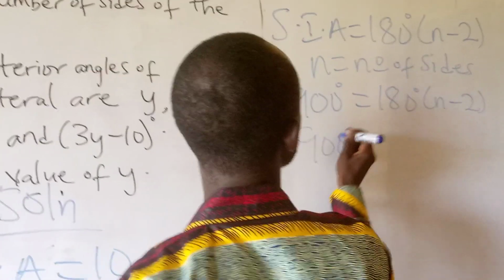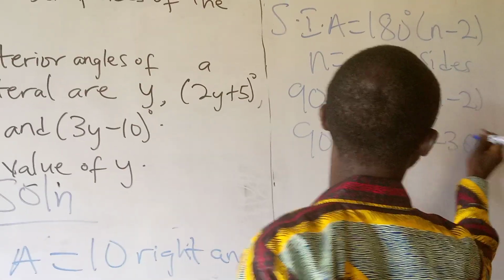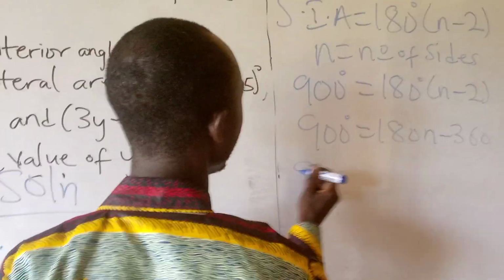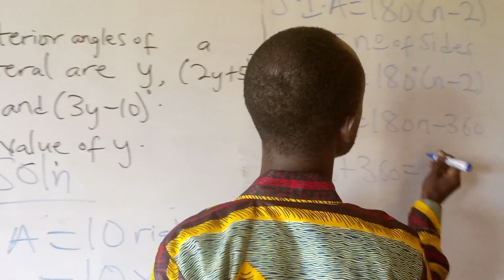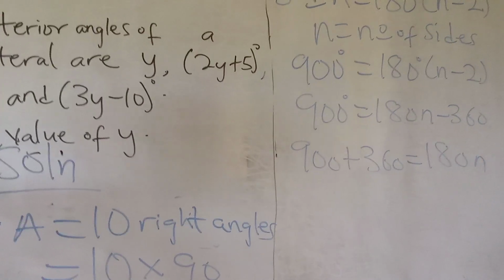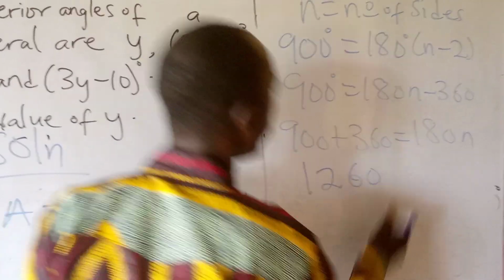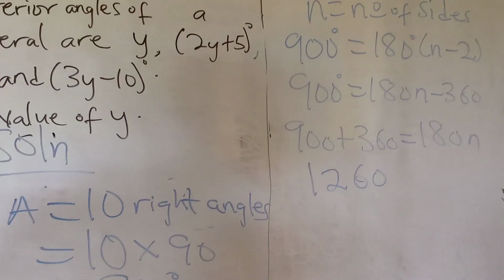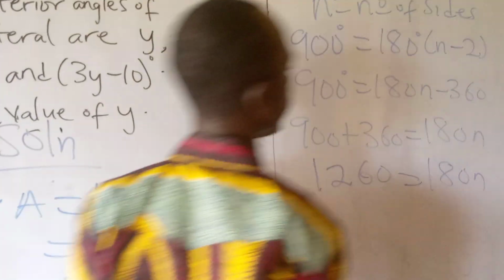So 900 equals 180n minus 360. So it becomes 900 plus 360 equals 180n. And 900 plus 360, we are getting 1260. So 1260 equals 180n.